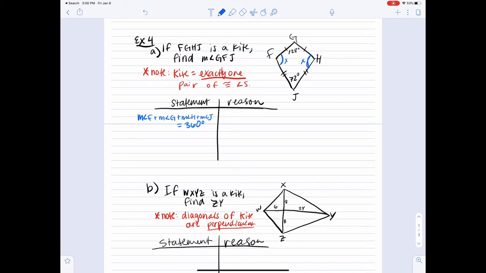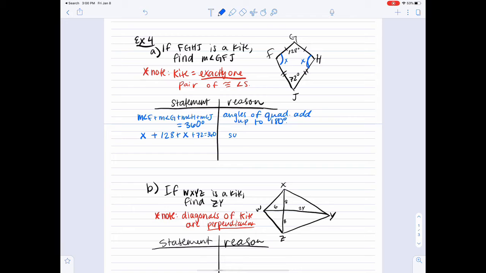And we're going to say angles of quadrilateral add up to 360 degrees. Okay? And now we can start plugging in what we know. So we know that F is X plus, and then G is 128, and H is also X, and J is 72.